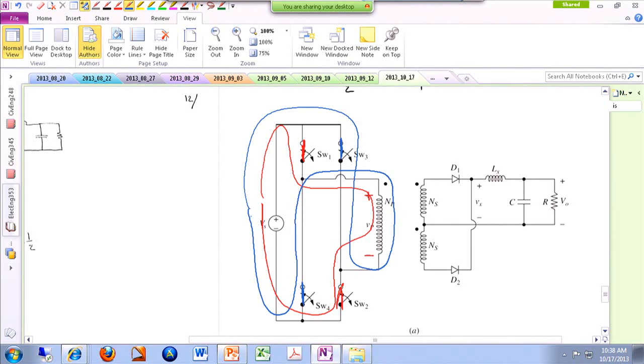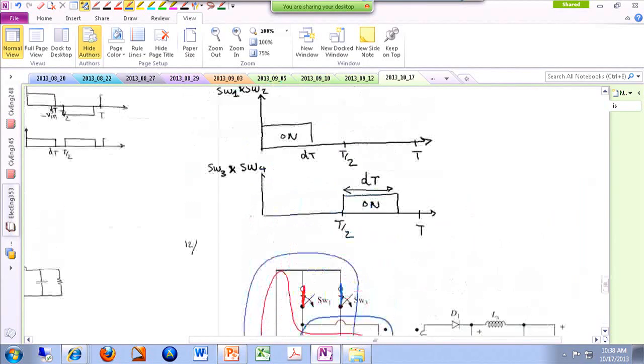Now there are modes where all 4 of these switches are off. So this would be mode 1. Let me do it with red. So this was mode 1. This one that I drew with blue was mode, let's call it 3.